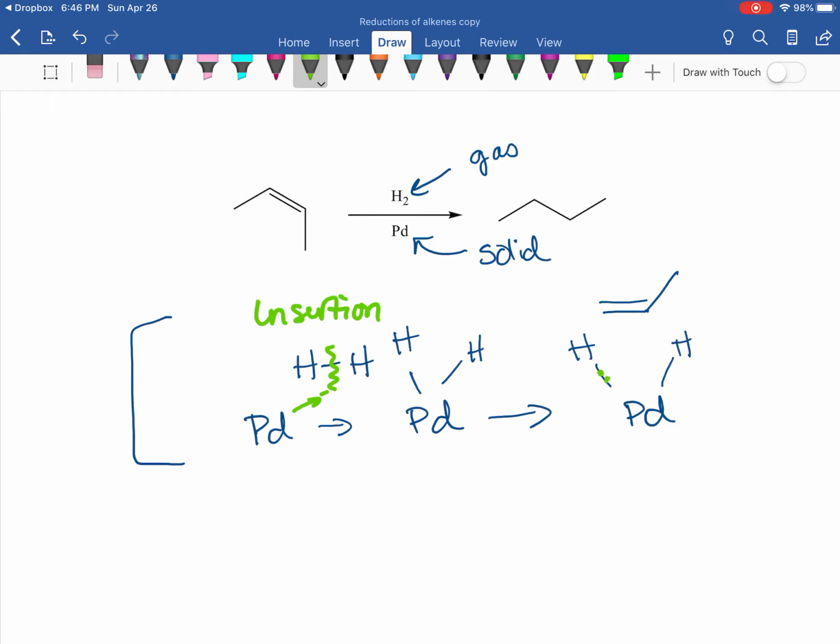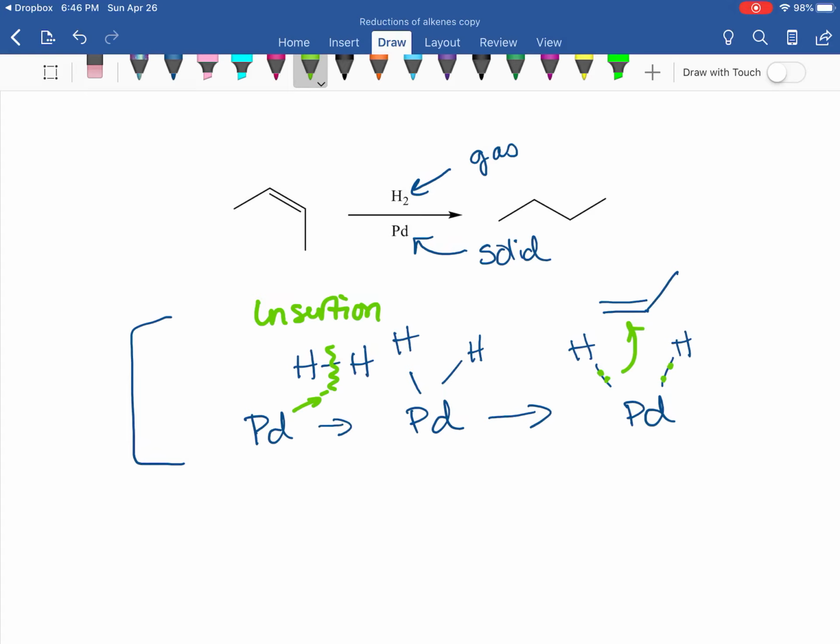And then you can react your alkene. So let me kind of draw it out here. So if we've got our hydrogen and then we've got our alkene, we can literally kind of picture that palladium itself is going to transfer those bonds from hydrogen to your alkene.